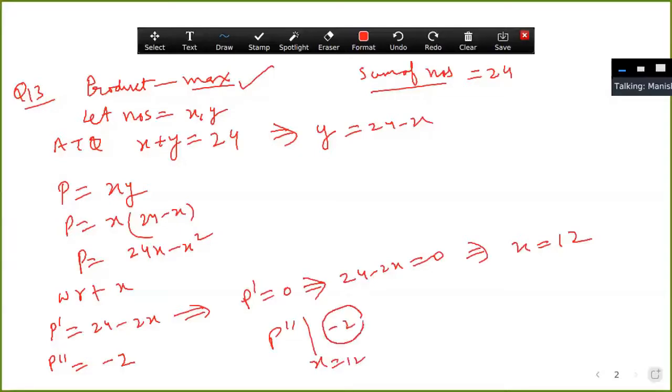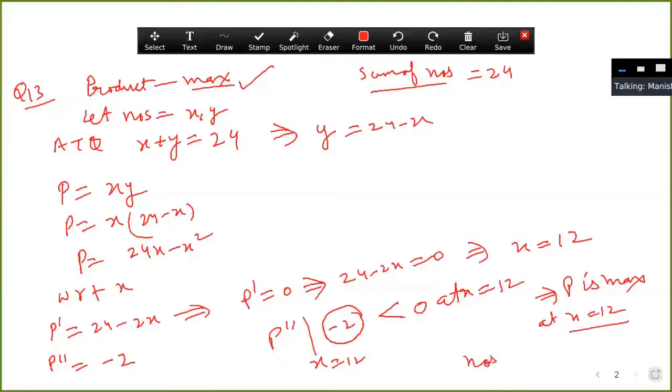No x is there. It means this value of x will not affect the second derivative value. Minus 2 means this is less than 0 at x equal to 12. Less than 0 implies P is maximum at x equal to 12.